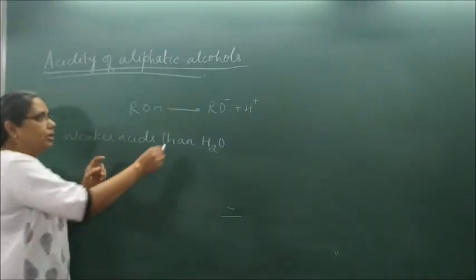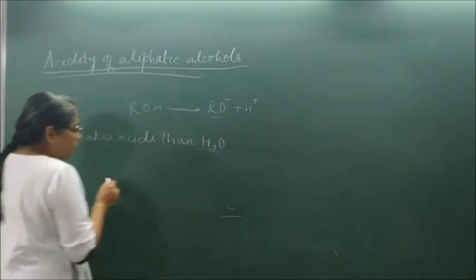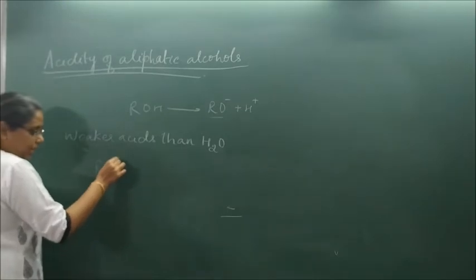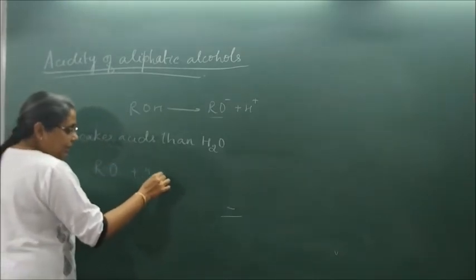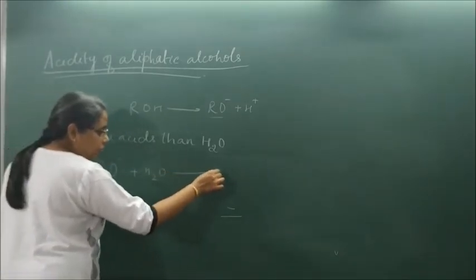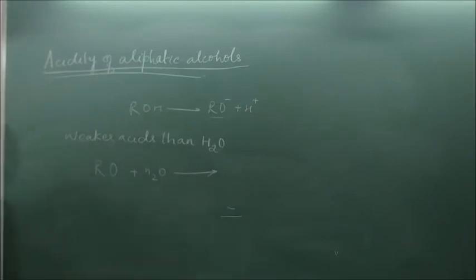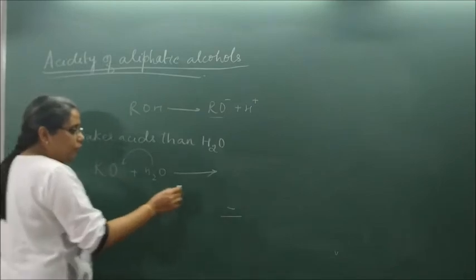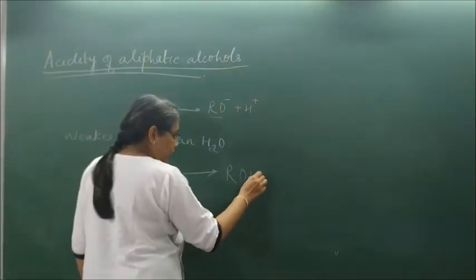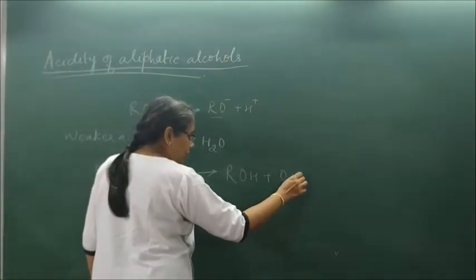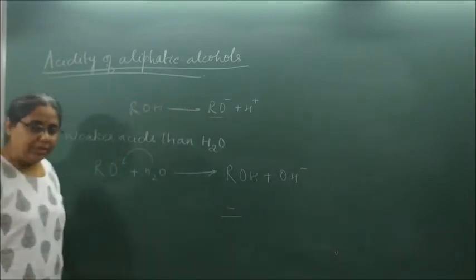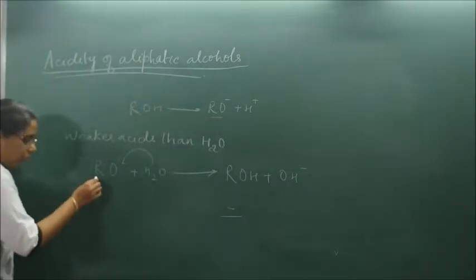If I take the alkoxide ion and react it with HOH, it gives H plus, so it forms ROH plus OH minus.